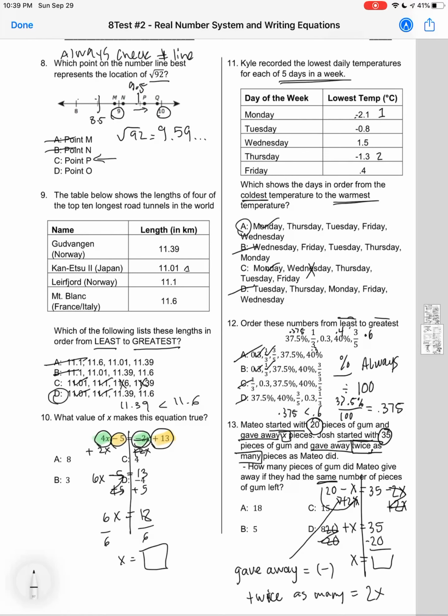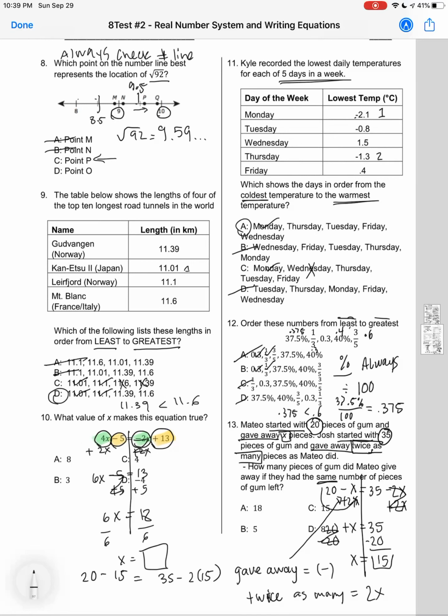And we could have also tried substitution to see. So it would be 15, and to substitute it in, it would be 20 minus 15 equals 35 minus 2 times 15.